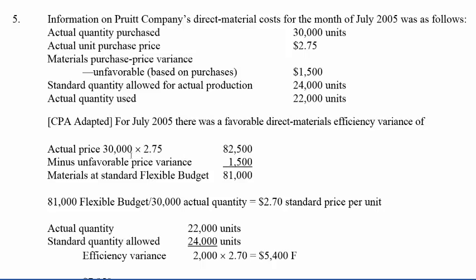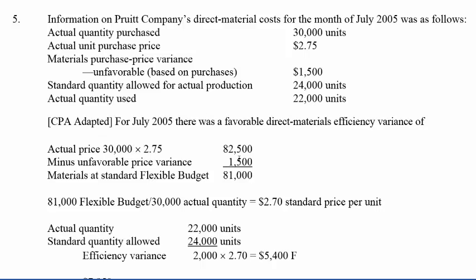All right, so if we take the actual cost incurred and subtract that unfavorable price variance, then we can calculate that $81,000 is what we would have expected to pay for those same quantity of materials. And that's this 30,000.